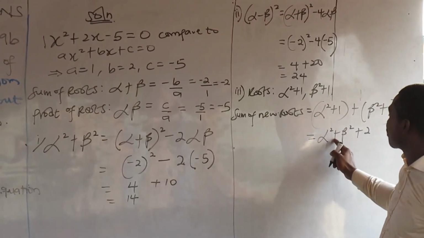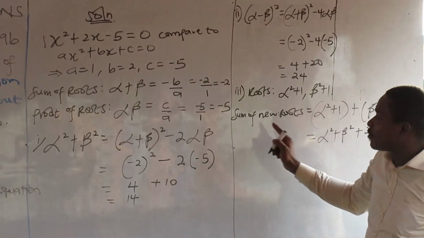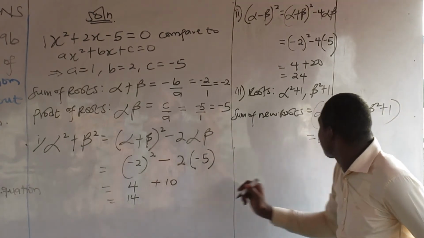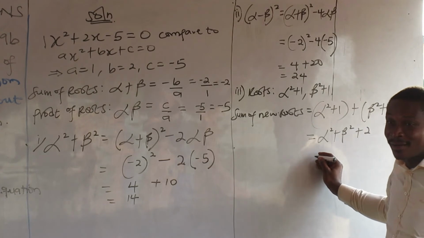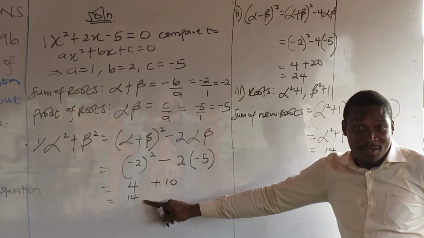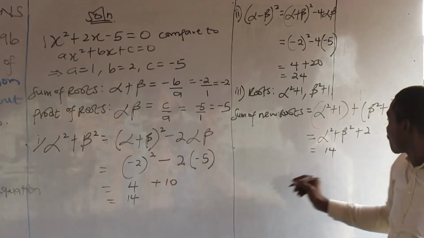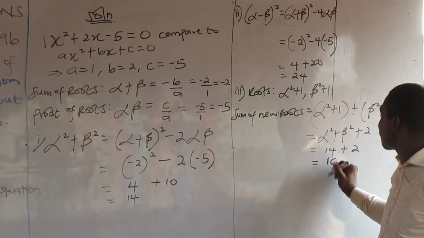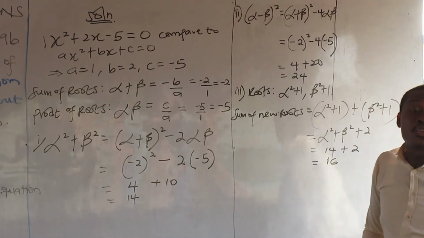Good. Now alpha squared plus beta squared, you have to go through this expansion, right? Or better still, you write just 14. It's accepted, right? Because we have 14 after solving it. Or you expand again and still get 14, plus 2. So that will produce what? 16.